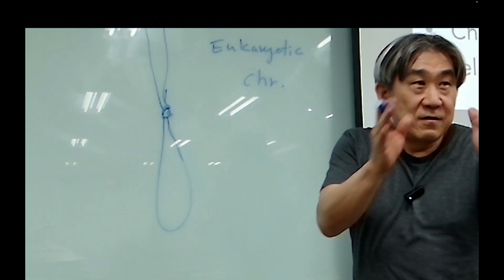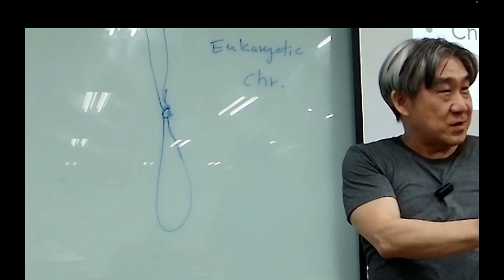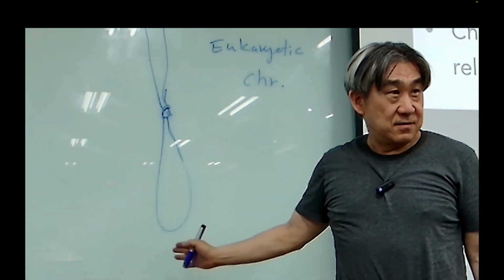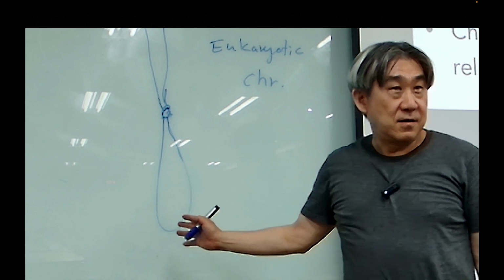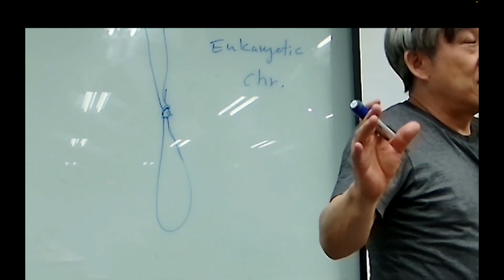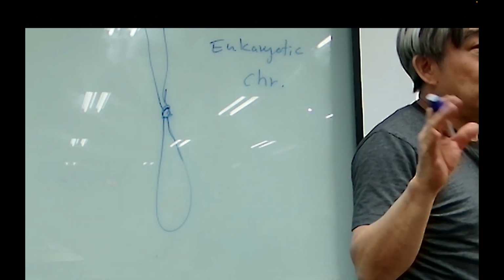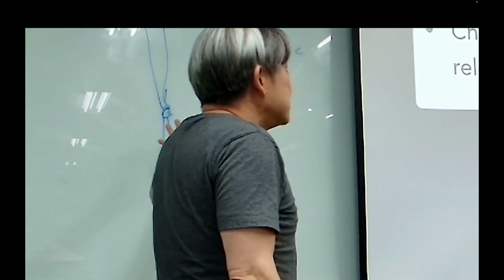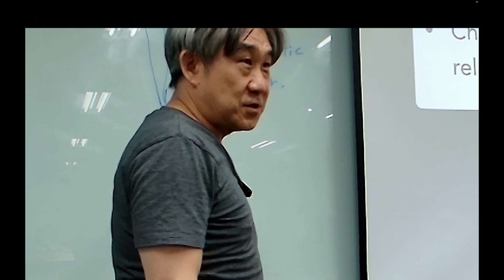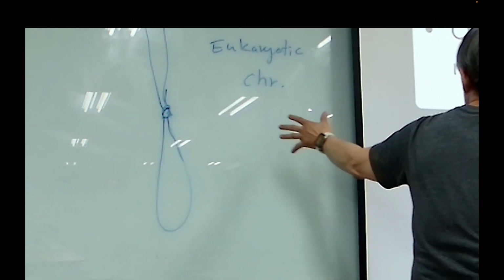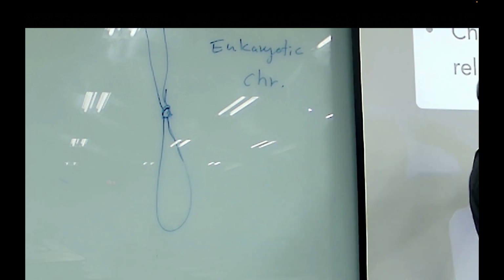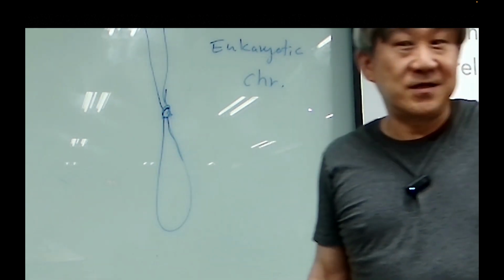Chromosome exists in this way for only a very short period of time. For the majority of the rest of the period, the chromosome exists as this chromatin structure, which is different.